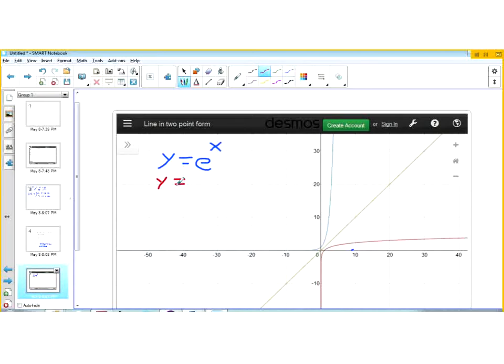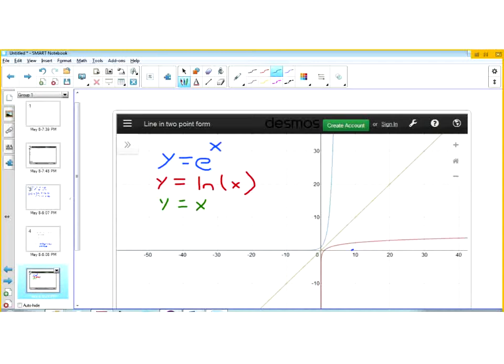The red curve is y equals natural log of x. And the green line is y equals x.